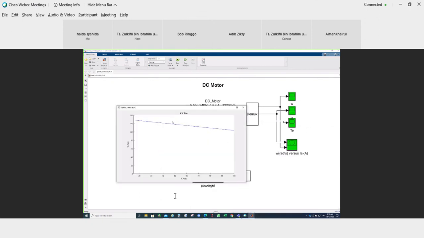So you see, dia akan turun macam ni, sampailah awak dapat current tinggi bila speed ni kosong. And you get current will be about 400 something. Tengok kat sini.